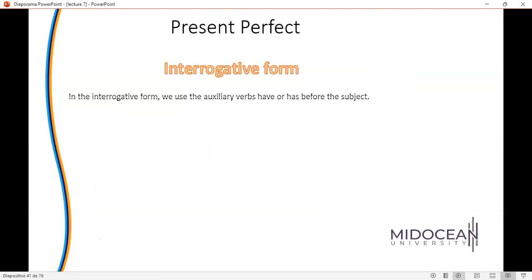Interrogative form. In the interrogative form, we use the auxiliary verbs have or has before the subject.